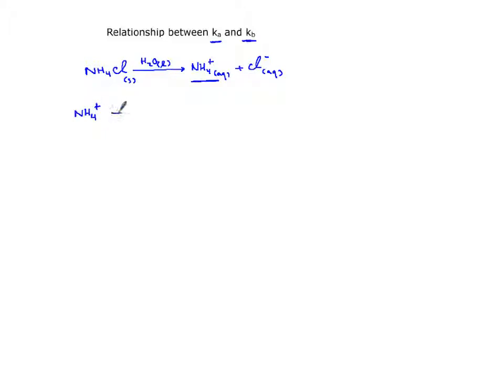Ammonium is going to react with water as a species that donates a proton, therefore it's a Bronsted acid. Water is going to accept it, and it establishes an equilibrium to give you ammonia plus H3O+. Ammonia is your conjugate base and hydronium is your conjugate acid.